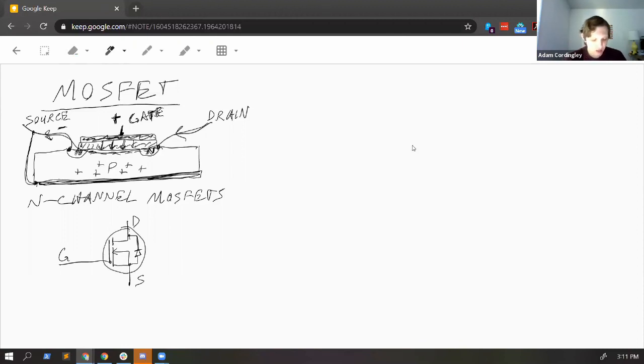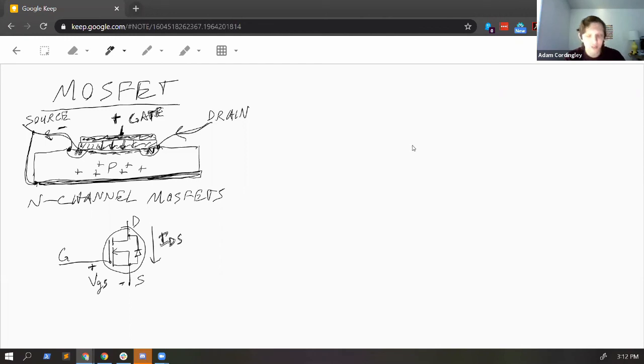That's our N-channel MOSFET. So when I apply a voltage between gate and source, we'll call it VGS, there's a threshold I have to reach before it will start conducting. But once I pass that threshold, I will start passing current.